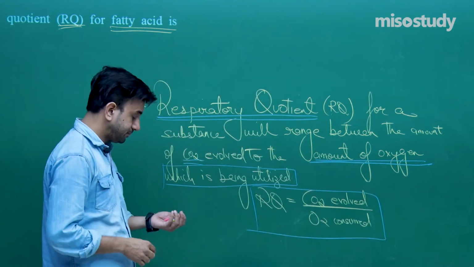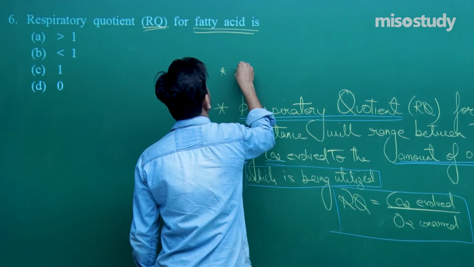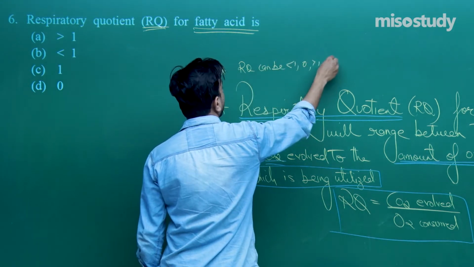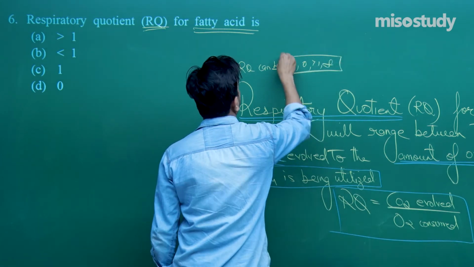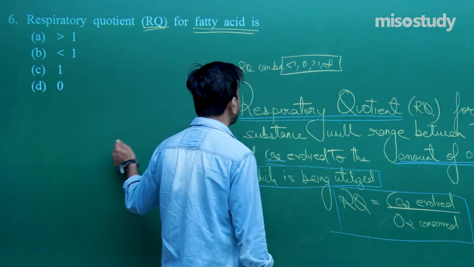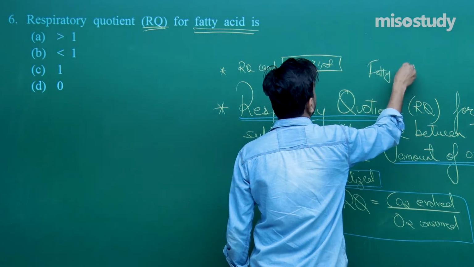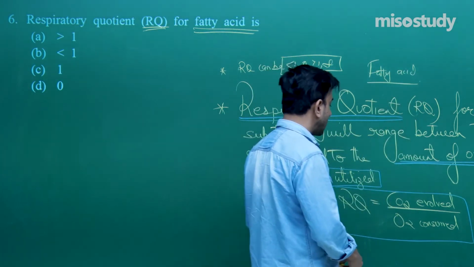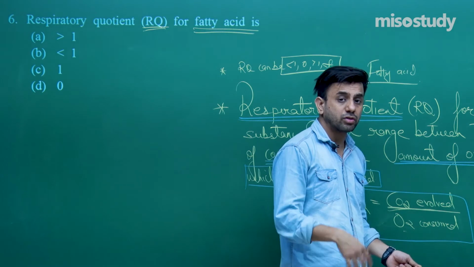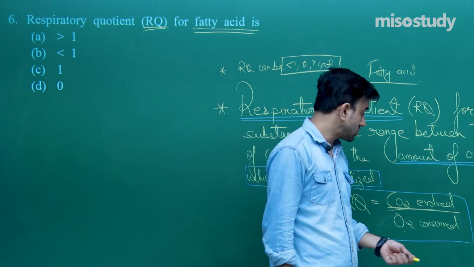The RQ can vary. It can be less than 1, it can be 0, it can be greater than 1, it can be even infinity. All these can be the range of the respiratory quotient. In case of fatty acid, the carbon dioxide evolved is much less as compared to the oxygen consumed, because it has to undergo oxidation.